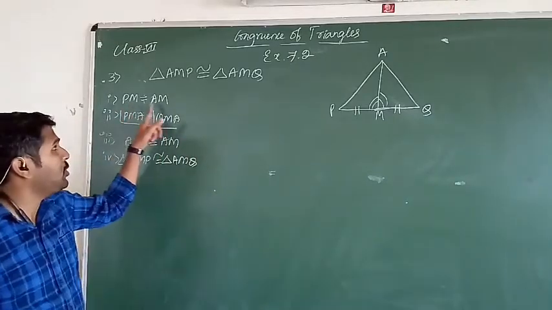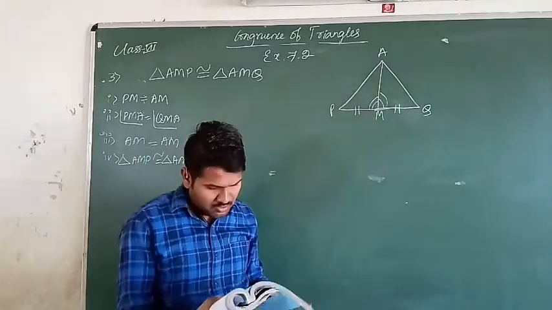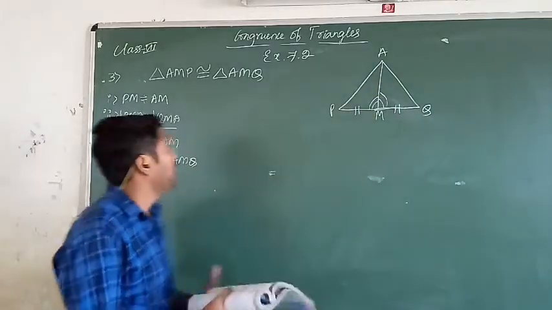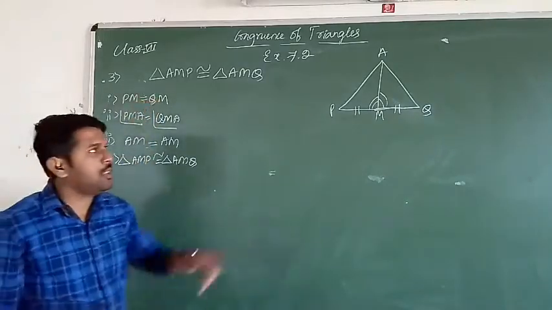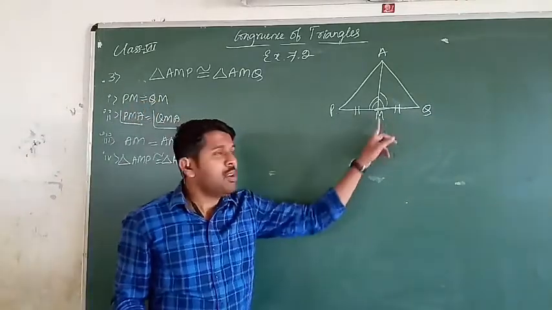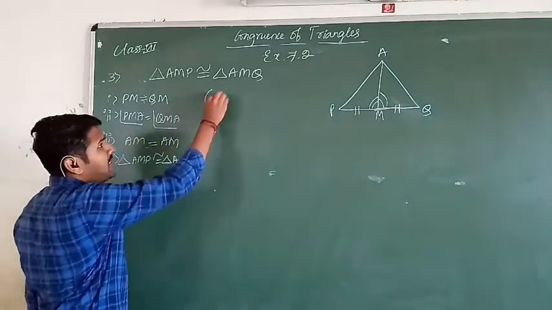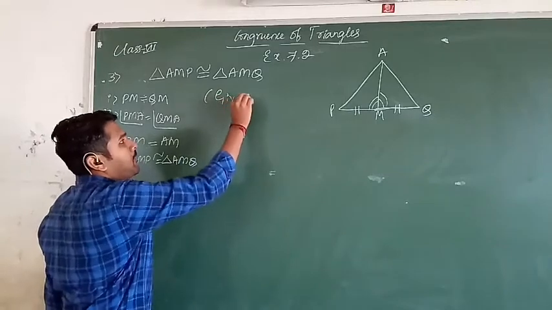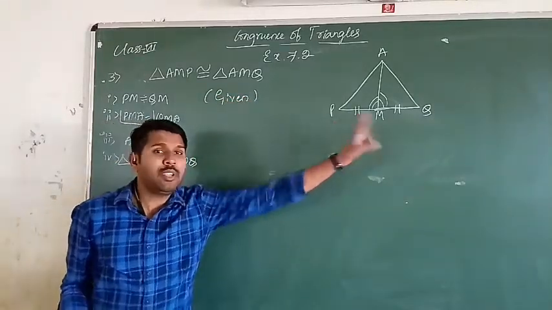So PM equals QM. Why? What is the reason? Here they have already given it, because in the figure they have given PM equals QM.